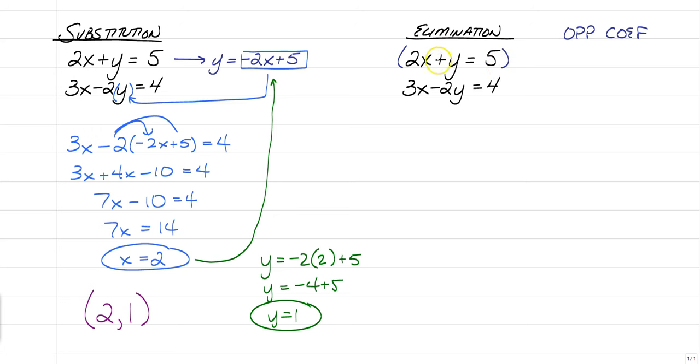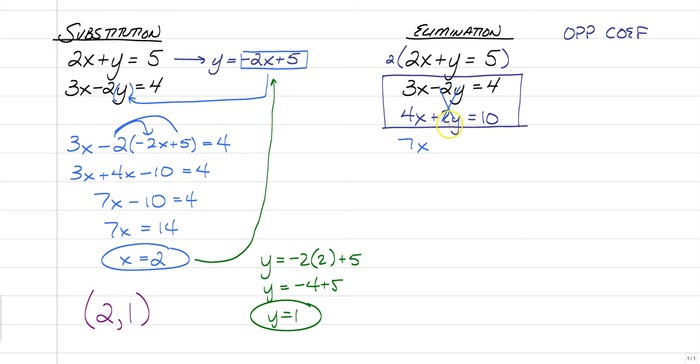So the first step is to multiply this entire equation by a positive 2. So 2 times 2x is going to give us our 4x, 2 times y is going to give us our 2y, equals 2 times 5 is going to give us 10. Now when you do that, you just need to add these two equations together. So 3 plus 4, x is going to give us 7x, and negative 2y and 2y are going to cancel each other out.